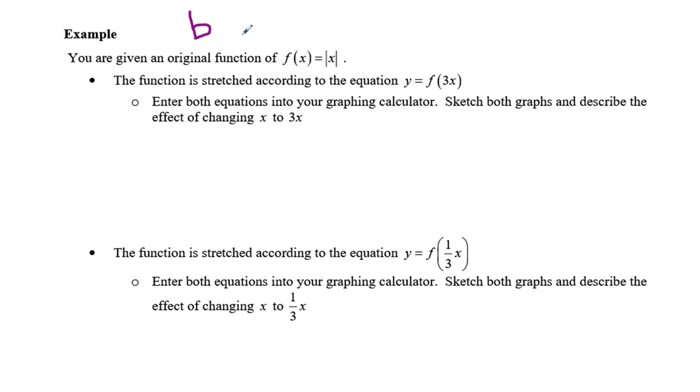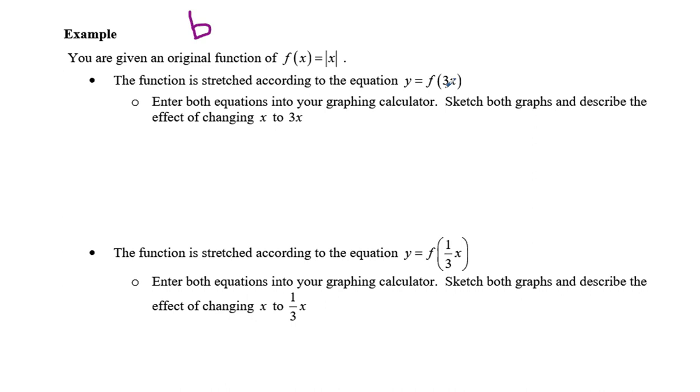So here's the thing you need to realize. While I admit that the B value is clearly going to be a horizontal stretch, what I need you to realize is that the horizontal stretch is the reciprocal of B, meaning this thing is not 3 times wider.